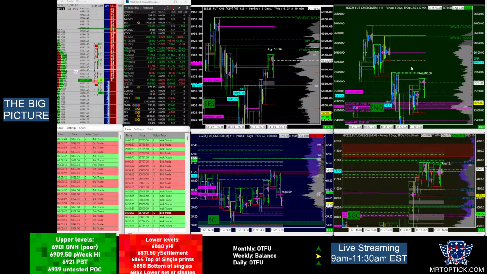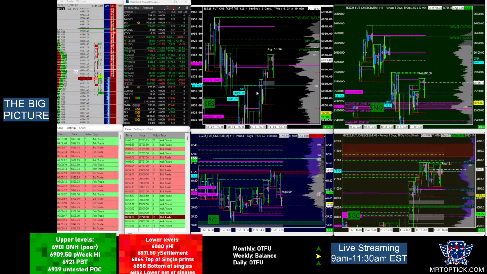And Q, remember, still has a gap that hasn't filled, so it's a little bit weaker than ES right now. You see how on this bounce, ES was able to get way above the last 2 days, and Q is barely.